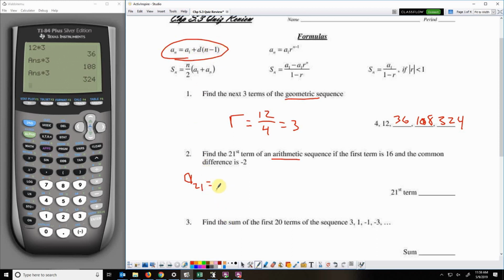So the first term is 16 plus the common difference of negative 2 times n minus 1, and we're finding the 21st term. So 16 plus negative 2 times 20 gives me a term value of negative 24.